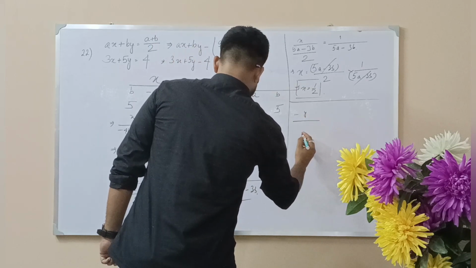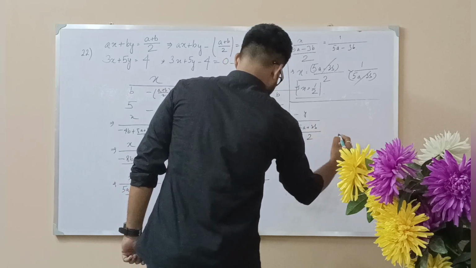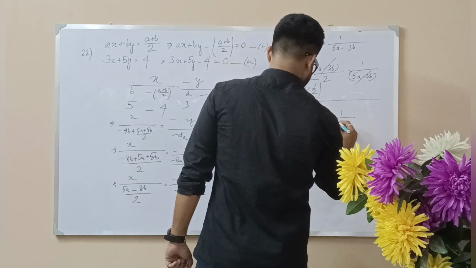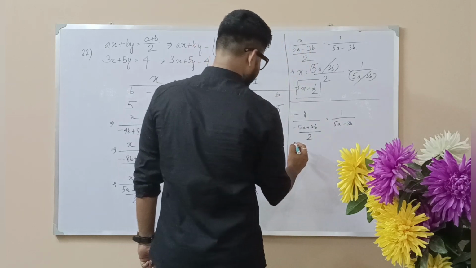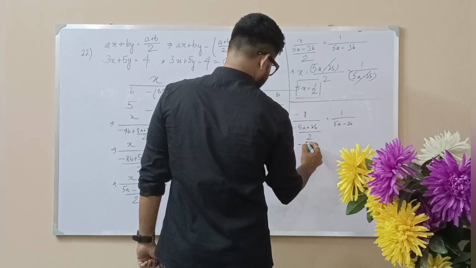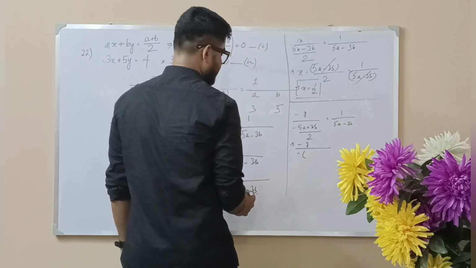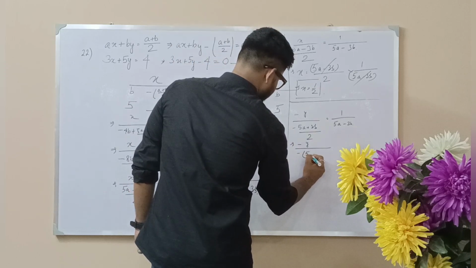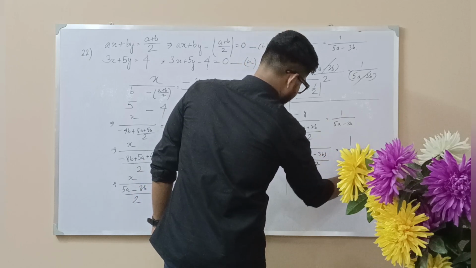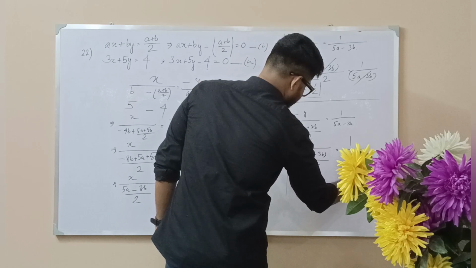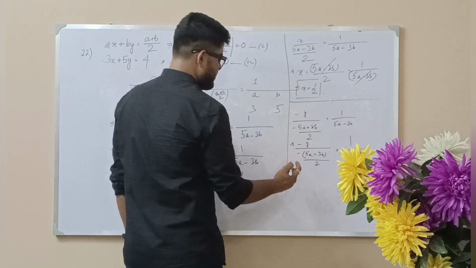Minus y by minus (5a plus 3b by 2) equals 1 by (5a minus 3b). I'll take minus common in the denominator, so I'll get y by (5a minus 3b by 2) equals 1 by (5a minus 3b). See, negative negative will give you positive.